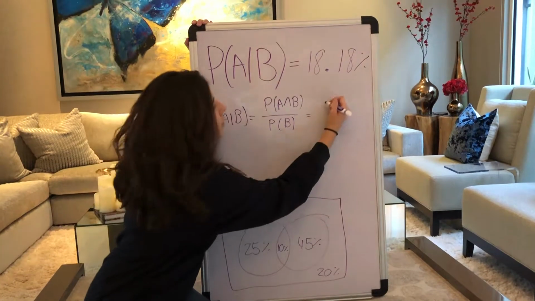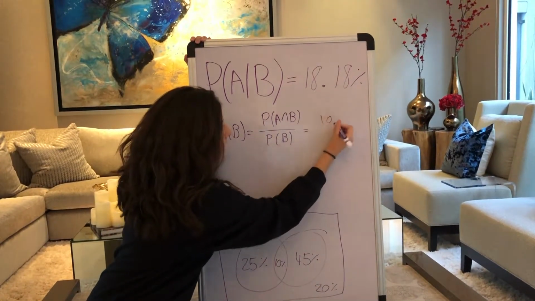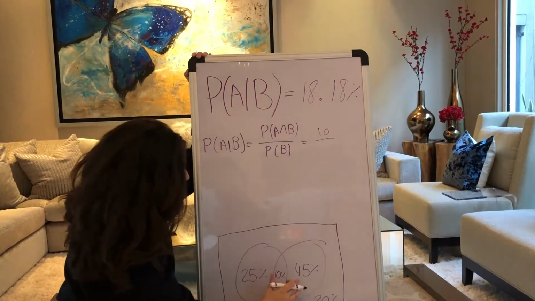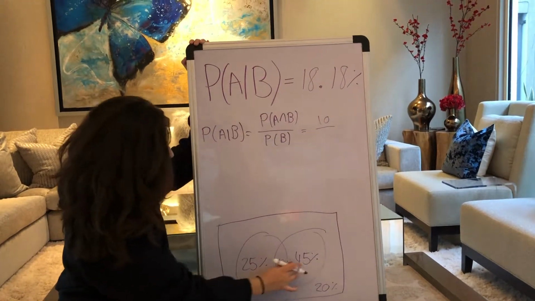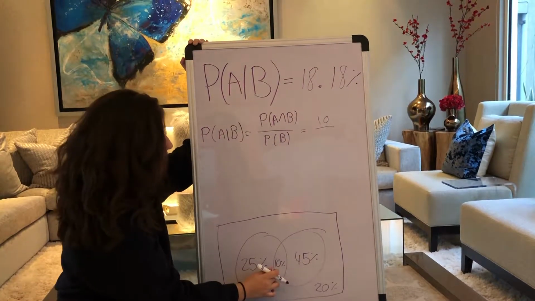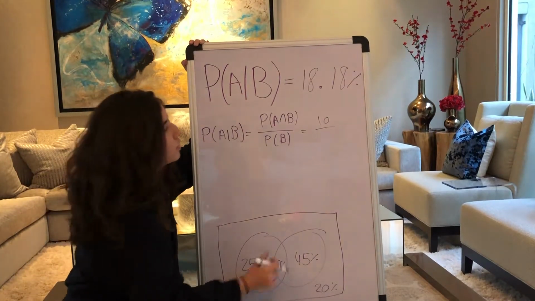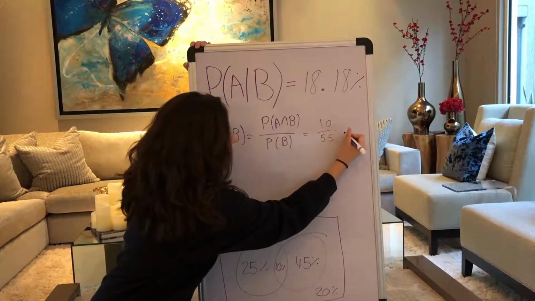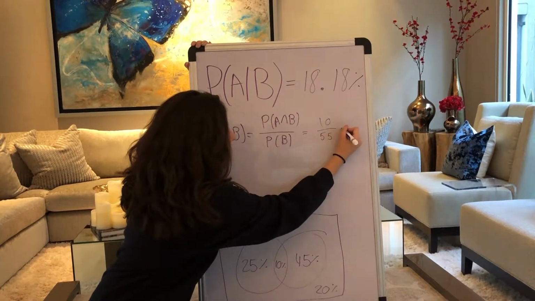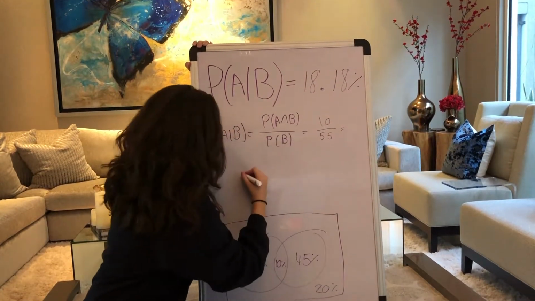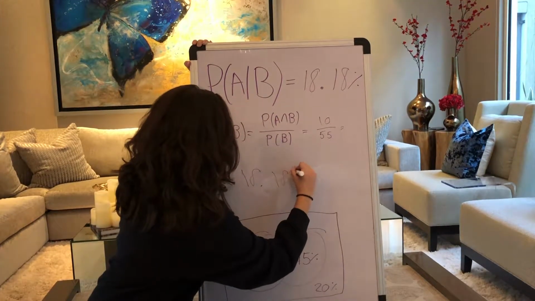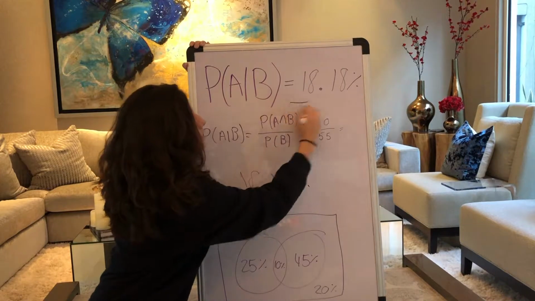So we're going to put over here 10 over the probability of B. If you sum 45% and 10%, it is 55%. So we're going to write here 55. And this is equal to 18.18%.